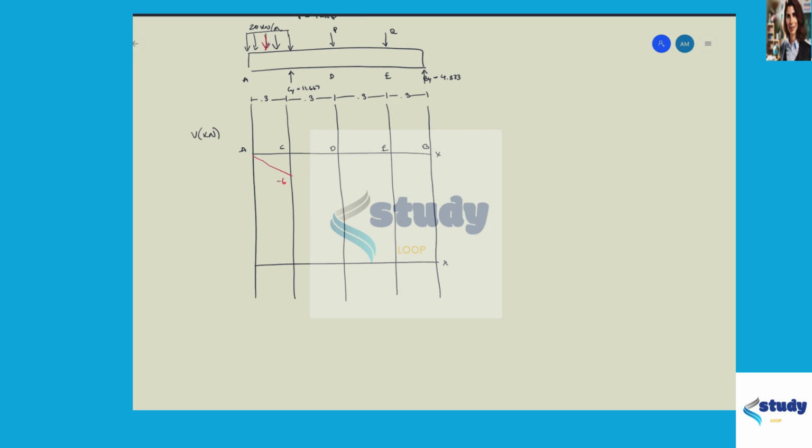When you add that to 11.667 based on the force at C, we get 5.667. Then we subtract the force we got at P, so minus 4, and we get 1.667.